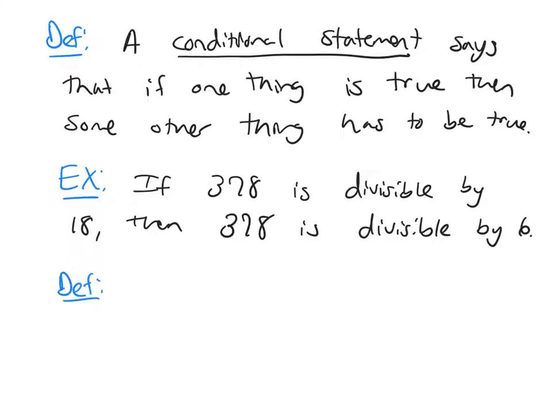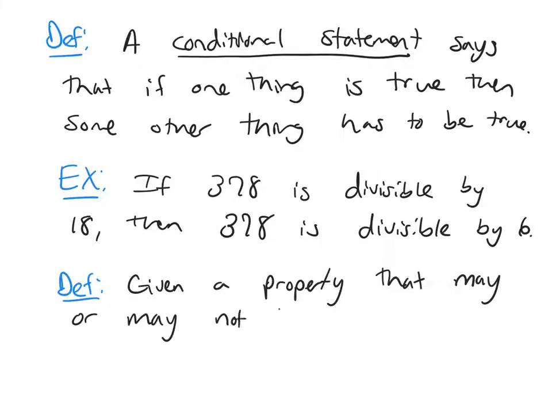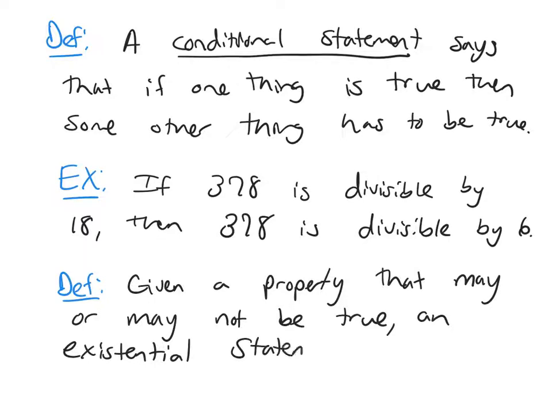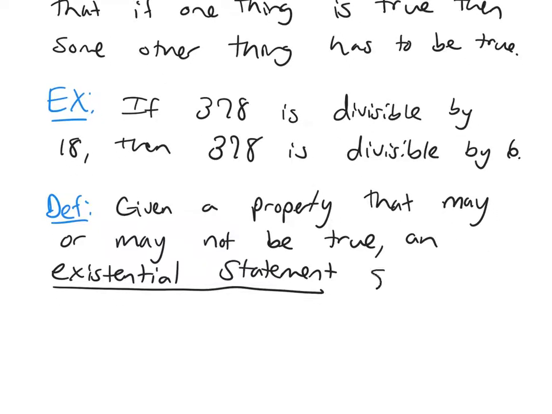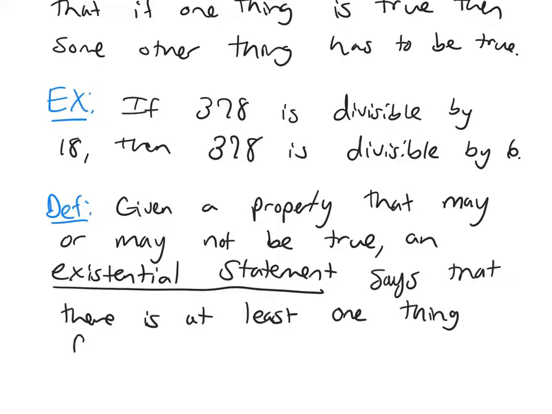So the definition says that given a property that may or may not be true, an existential statement says that there is at least one value, one thing, for which the property is true.